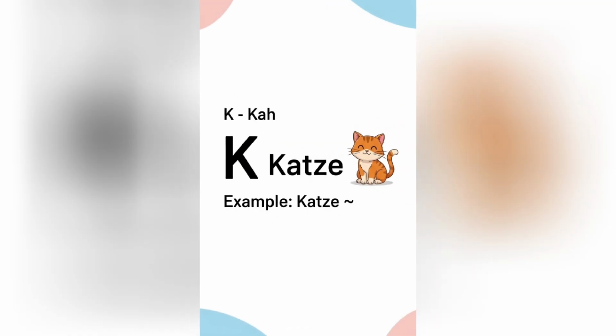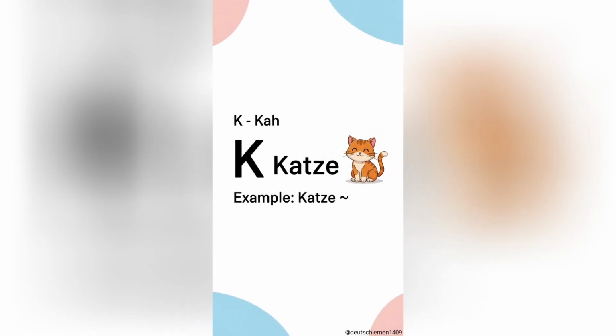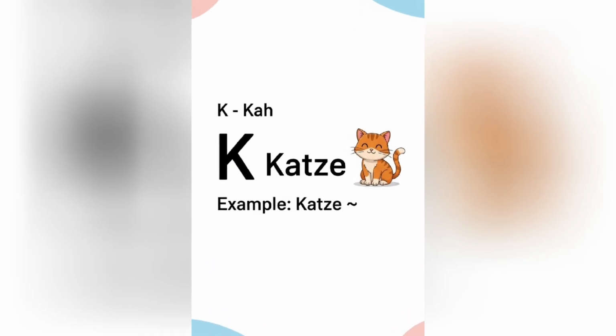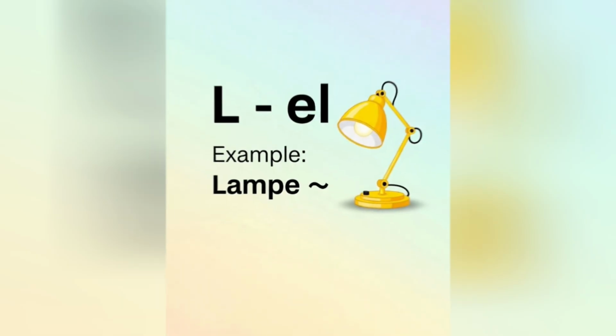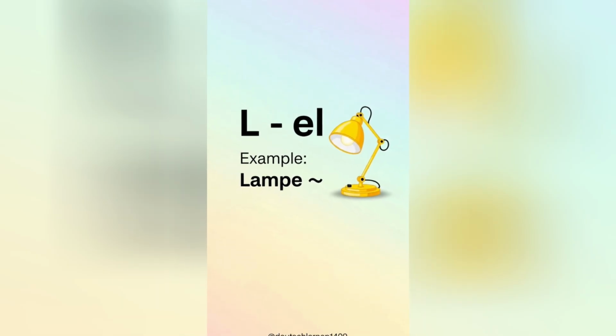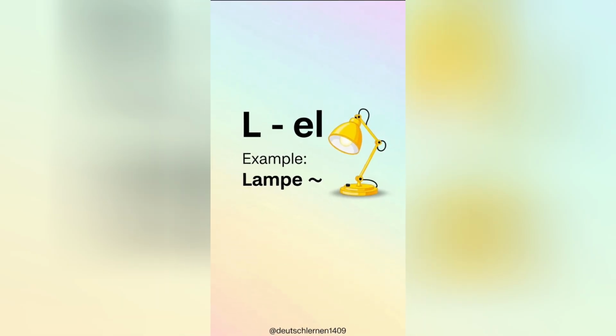In German, K is pronounced as K. For example, Katze, that means cat. Remember, K is pronounced as K. The letter L is pronounced as L. For example, Lampe, meaning lamp.